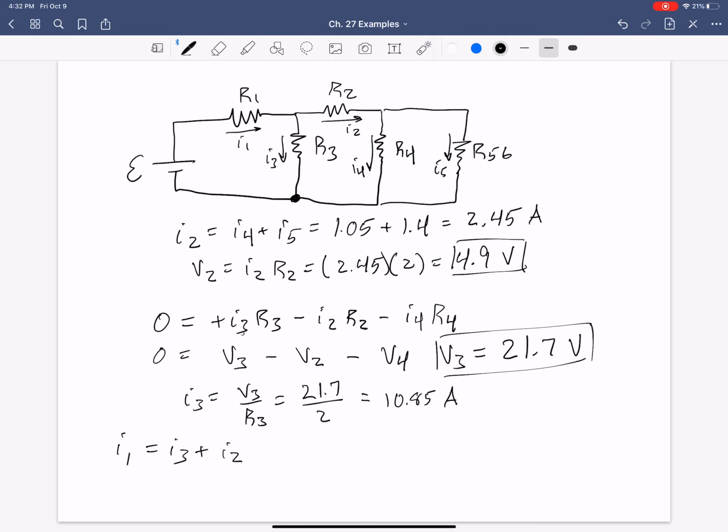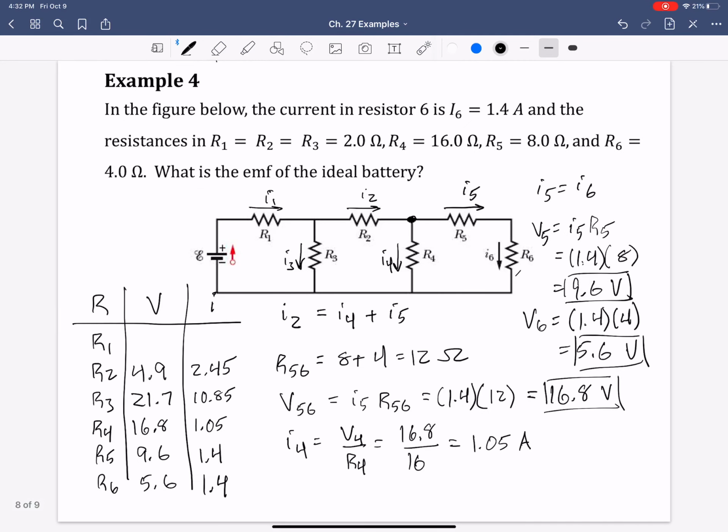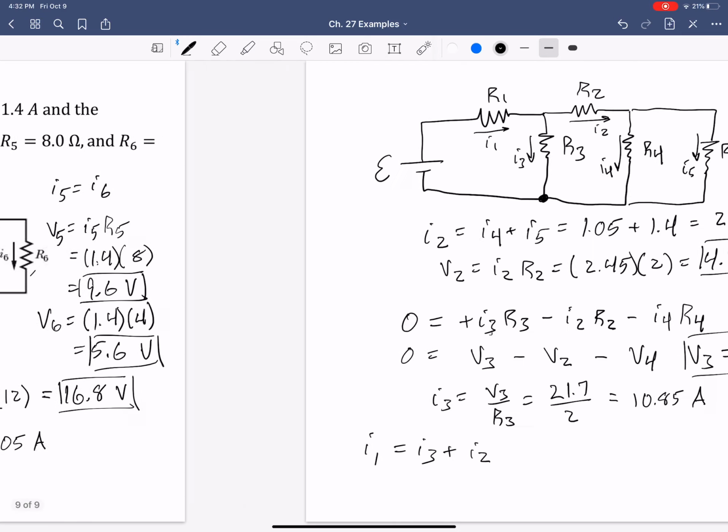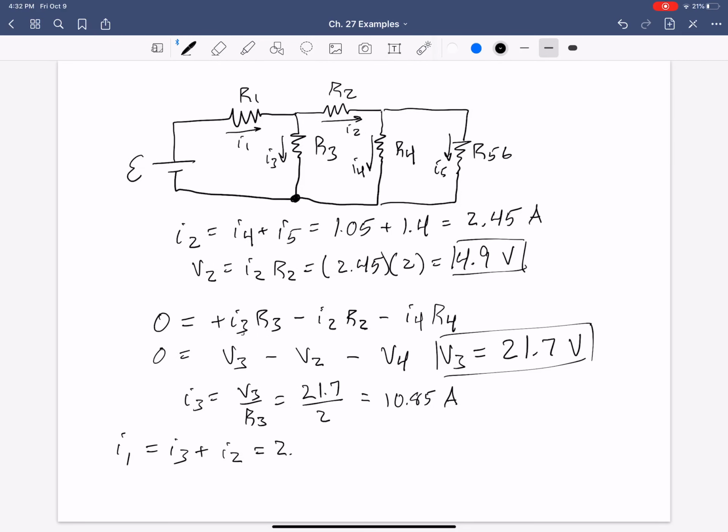All right, so do we have both of those currents? Yes, we do. 2 and 3, 2.45 plus 10.85. That gives us, oh boy, 13.3 amps.